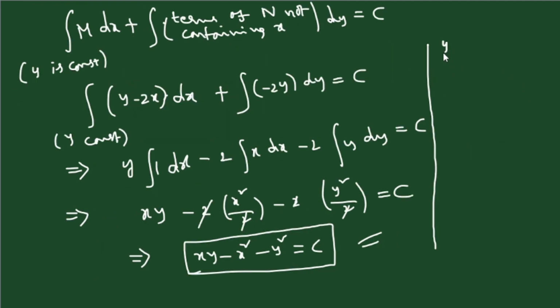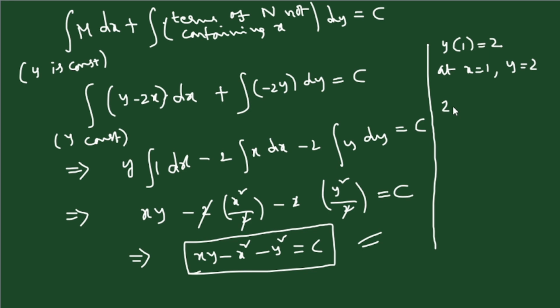So what is the condition given? Y of 1 equal to 2. When you put y of 1 equal to 2 means what? At x equal to 1, y becomes 2. X equal to 1, y equal to 2. Put x equal to 1 and y equal to 2 in the obtained solution.